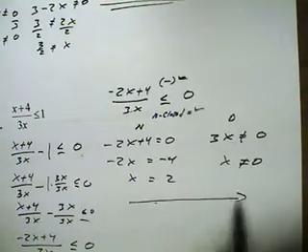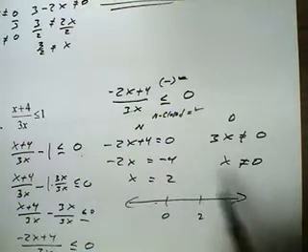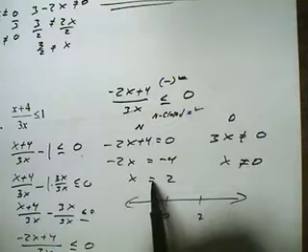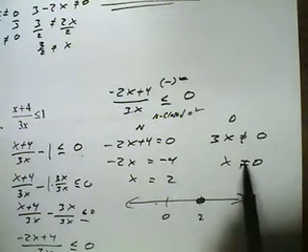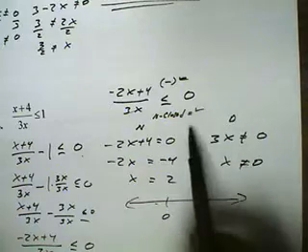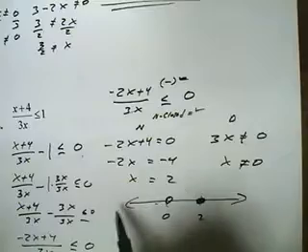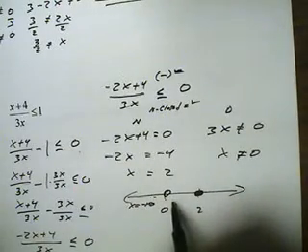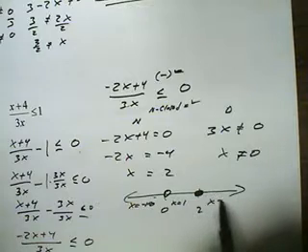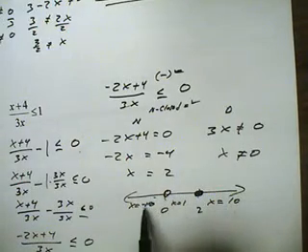So let's put those on the number line. We have our 0 and we have our 2. Now the 2 has an equal sign that reminds me that that'll be closed. The 0 has a not equal sign that reminds me that that's open. Okay. Now let's get some test points. Let's say x here is negative 10, x here is 1, and x here is positive 10.